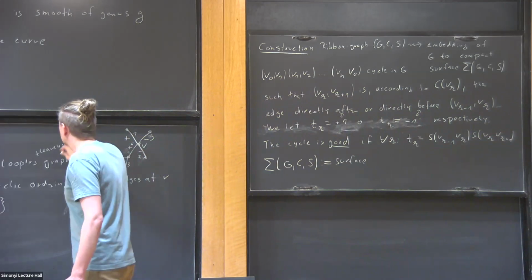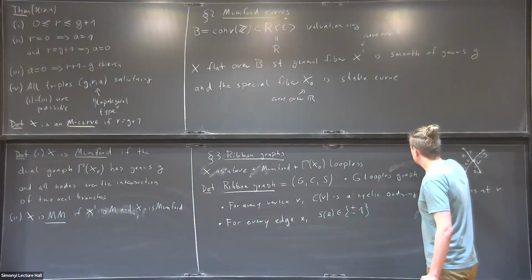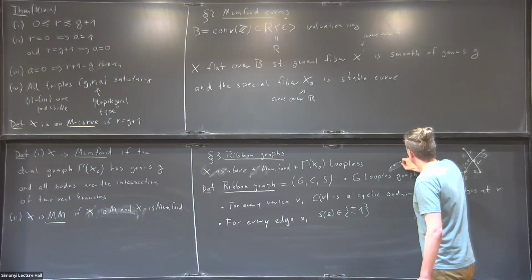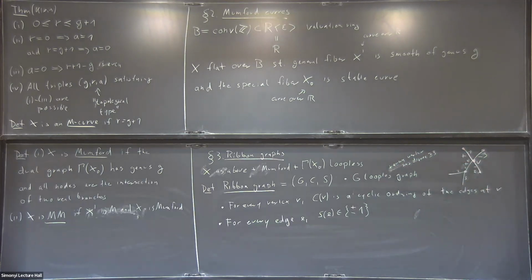Yeah, maybe let's even assume every vertex has degree at least 3, so that the cyclic ordering really gives you non-trivial information.